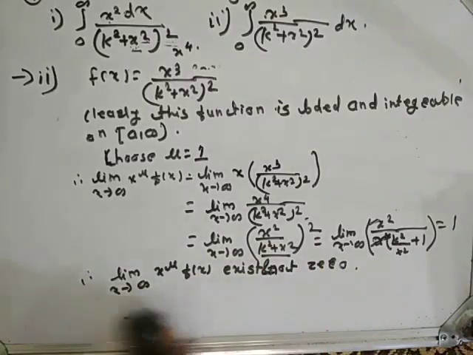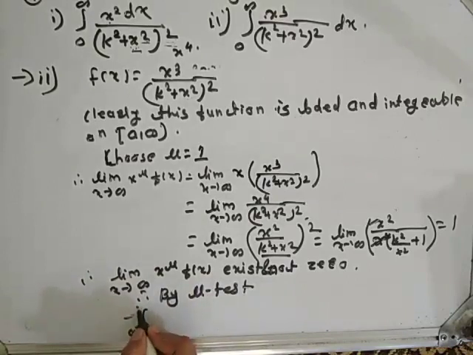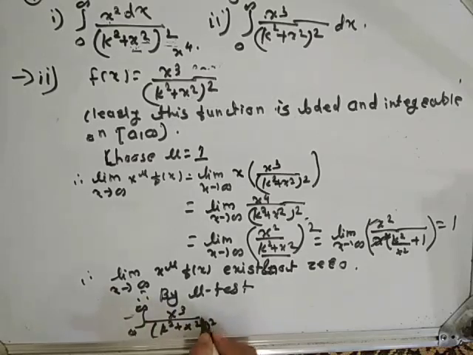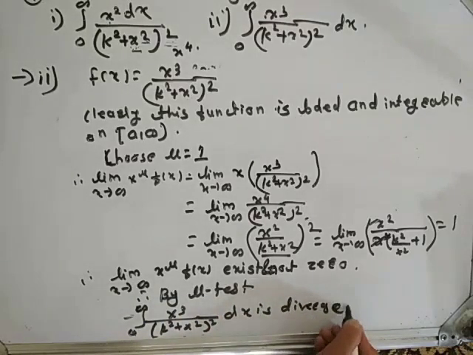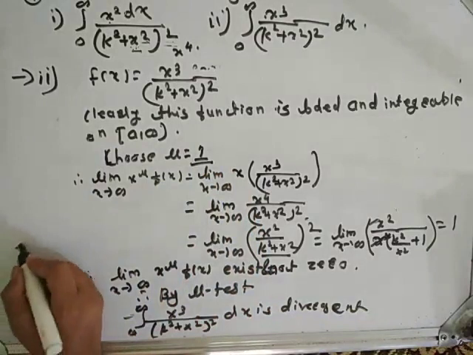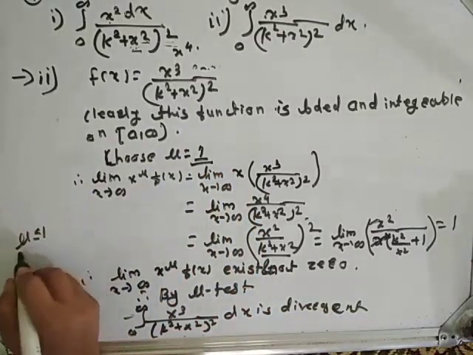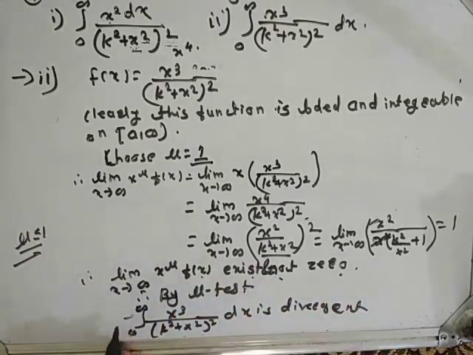So by mu test, integral from 0 to infinity x cube upon (k square plus x square) whole square dx is divergent. Why divergent? Here mu is equal to 1, and in the mu test, if mu is less than or equal to 1 and limit x tends to infinity, x raised to mu f of x exists and is not 0, at that time the integral is divergent.